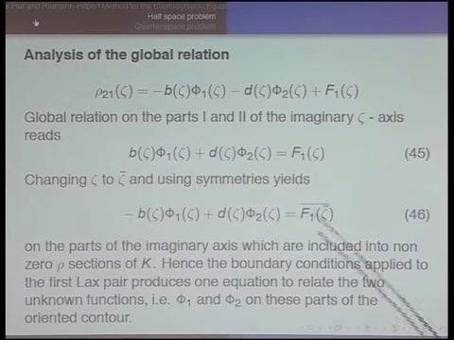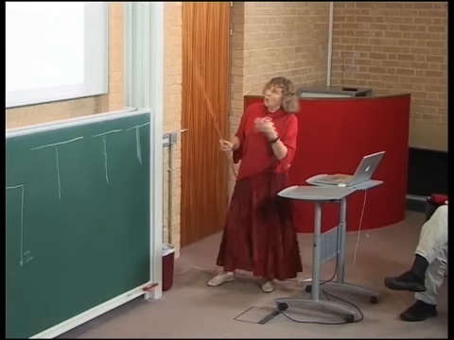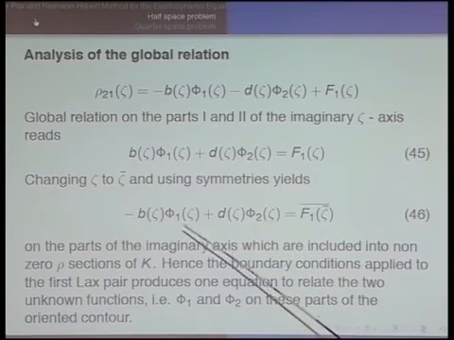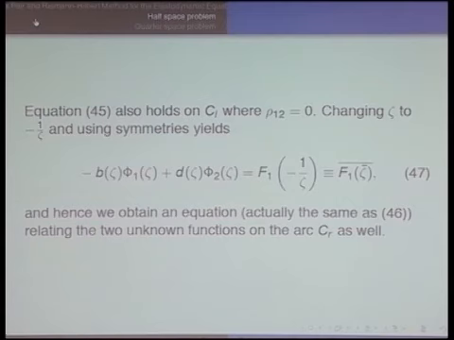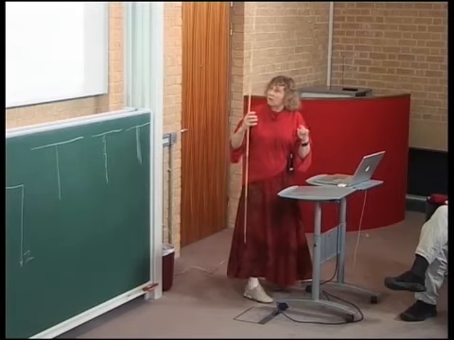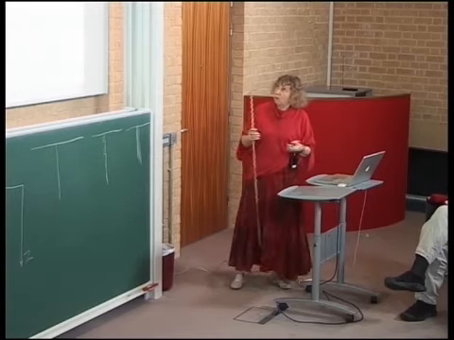So using this symmetry, and as a result, we obtained the equation relating the unknown functions on the parts of the contour which we need for the solution. In a similar way, it could be done for the circular part of the contour. So it means that now we have one equation relating two unknown functions on the contour where we need them. But still, it's of course not enough.